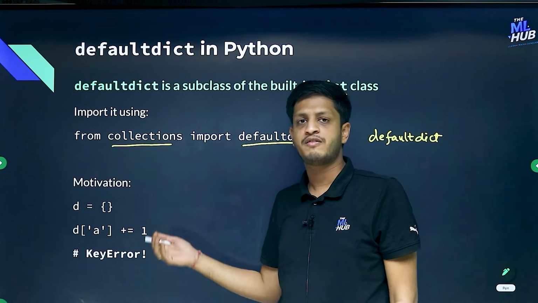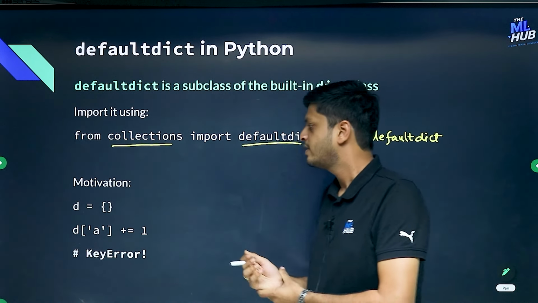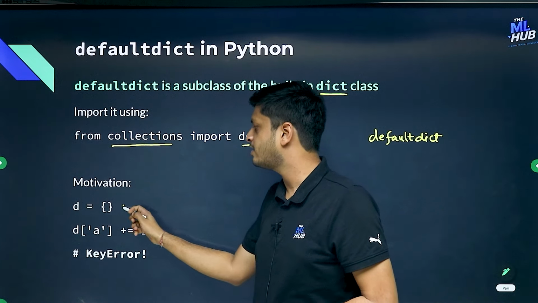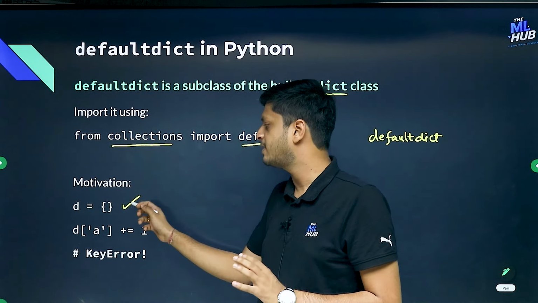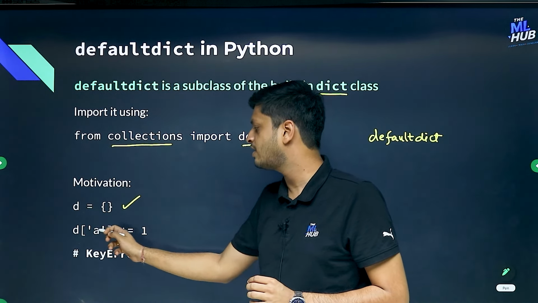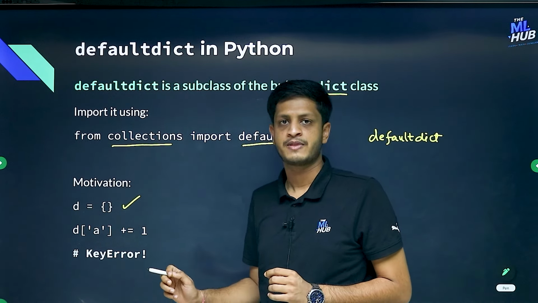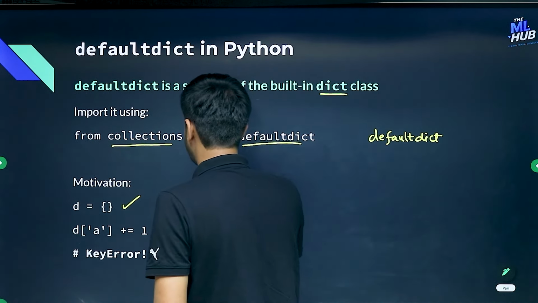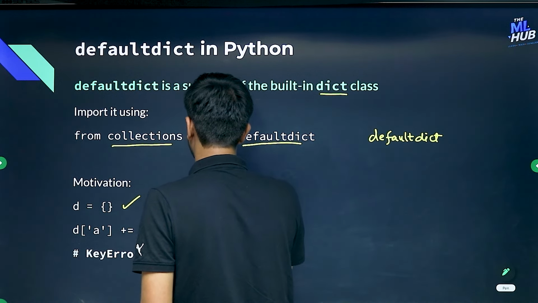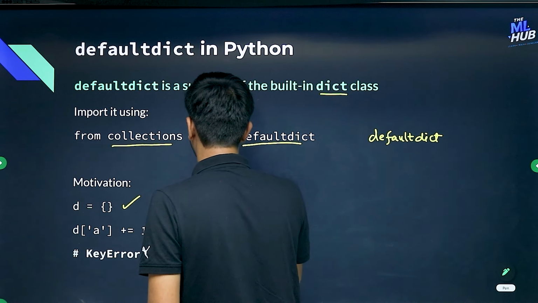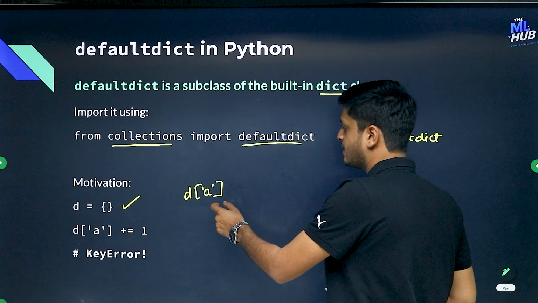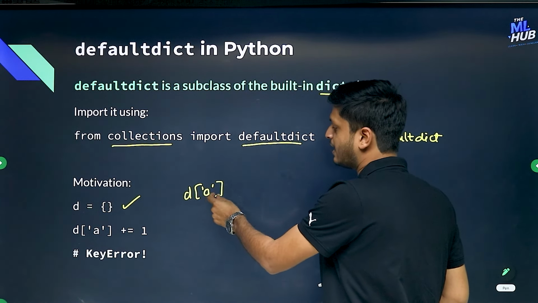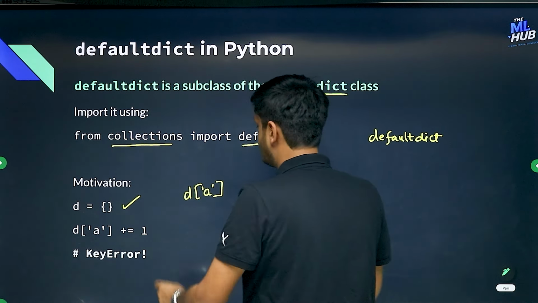Now what is the motivation behind using defaultdict? So what happens if you create a normal empty dictionary d and write d of a plus equal to 1. So what we are doing here is, we have an empty dictionary and we are saying d of a plus equal to 1. It is like saying whatever value is present at the key A, you increment it by 1.